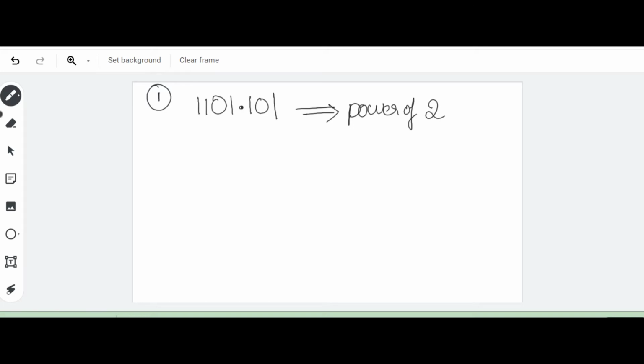As we have discussed the MSB and LSB concept, let me write that first so that it will be easy for you to understand. We go from positive to negative powers. Here we have the point, then 2 to the power of minus 1, 2 to the power of minus 2, 2 to the power of minus 3.